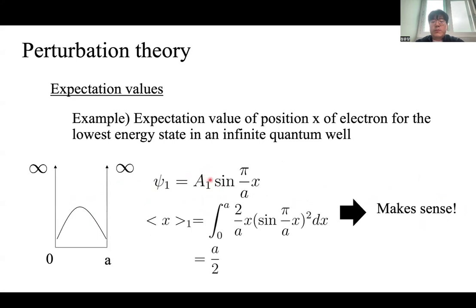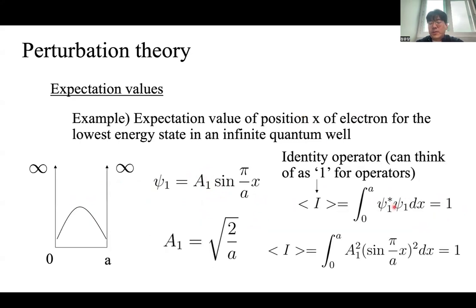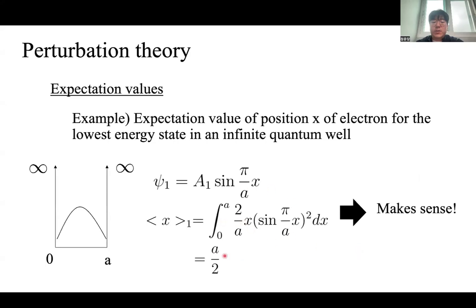Similarly, if you were to calculate the expectation value of the position x, I'm just plugging an x here instead of 1. Now that I know what A1 is, I can actually calculate it, and you see that I get A over 2 as the expectation value of the position of the electron inside this quantum well for the ground state.